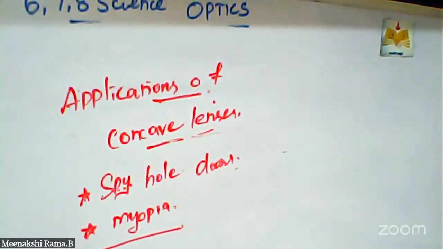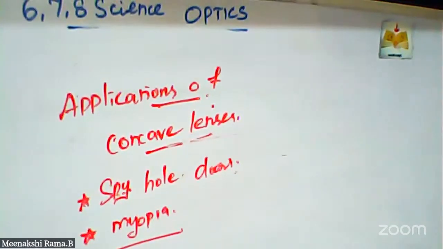So, is there any doubt? Please ask me. This is the doubt session. In the past two classes, we learned about the topics of the optics lesson: mirrors and lenses, the law of reflection, and how images are formed.